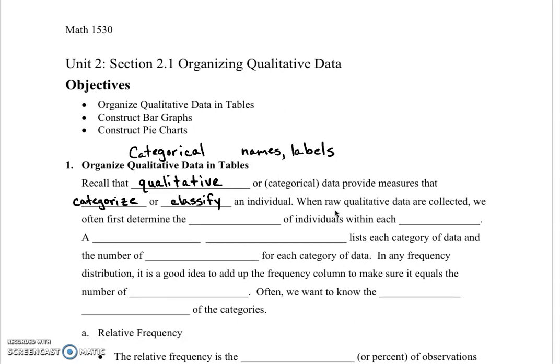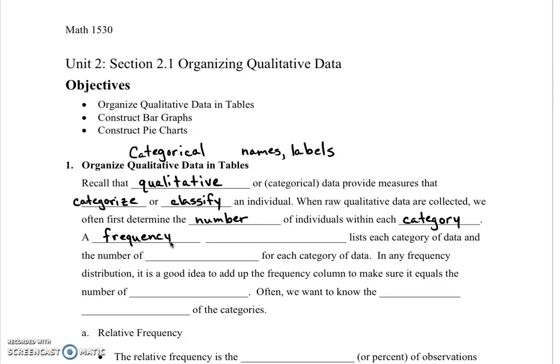When raw qualitative data are collected, we often first determine the number of individuals within each category. Once we've done that, we can make a frequency distribution.